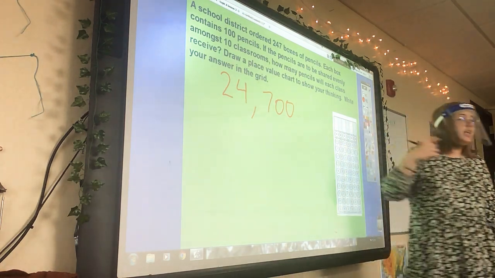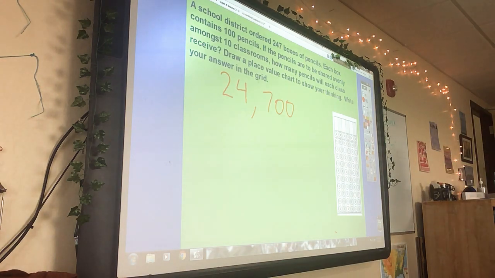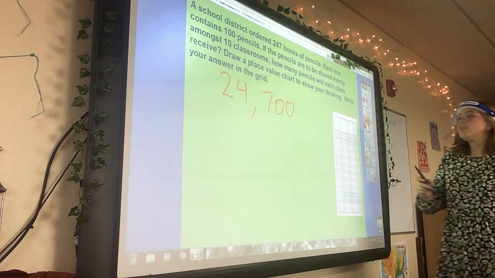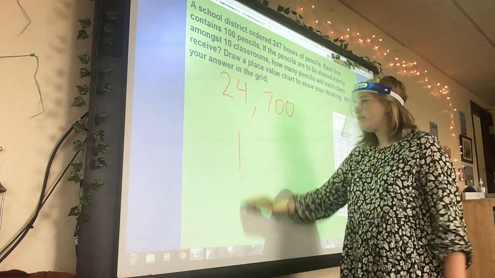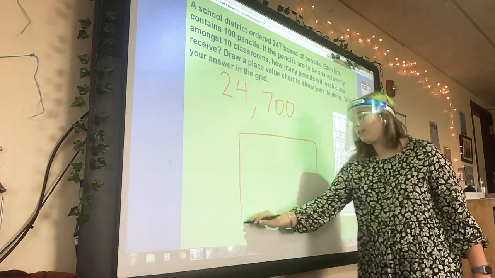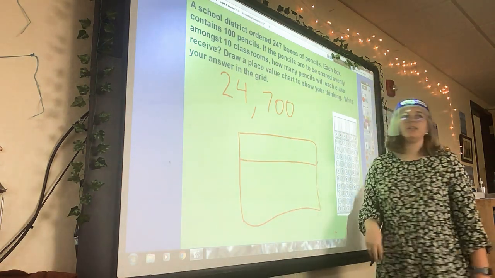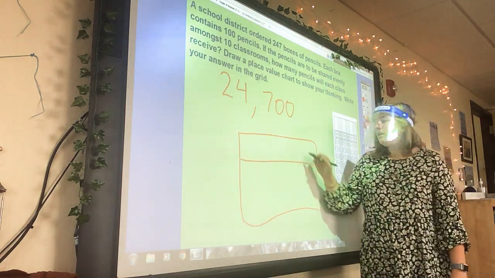So, how many classrooms are in the school that are sharing these pencils? 10. Okay. So then we go back to our place value chart. Or you can do standard algorithm and divide, but this might be a little faster.